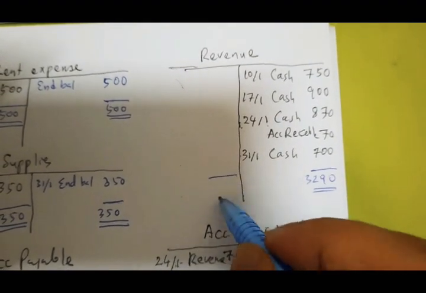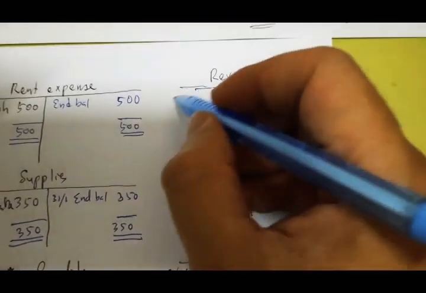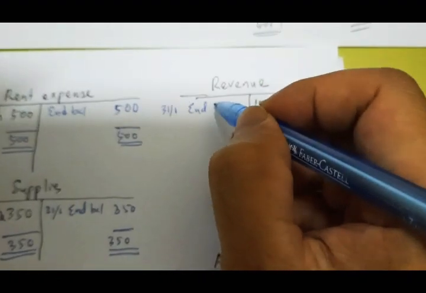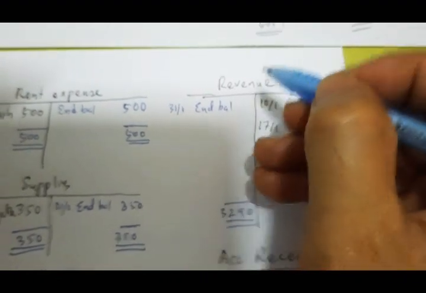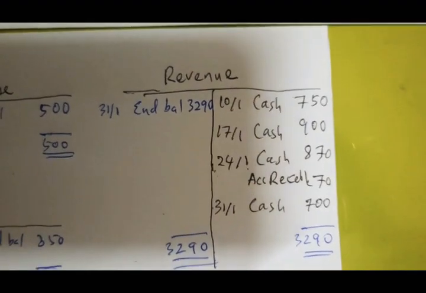So the total here should be 3290. So at the 31st of January, the ending balance is 3290.